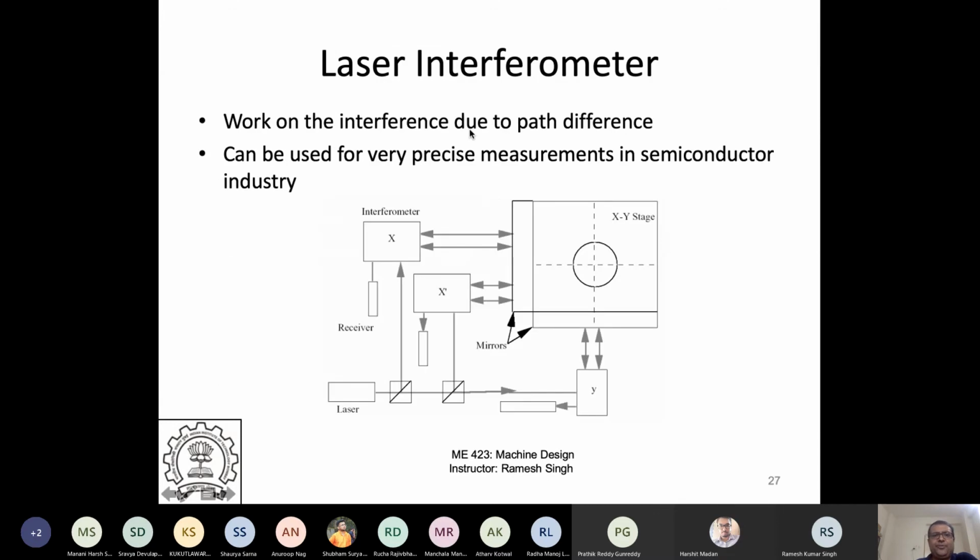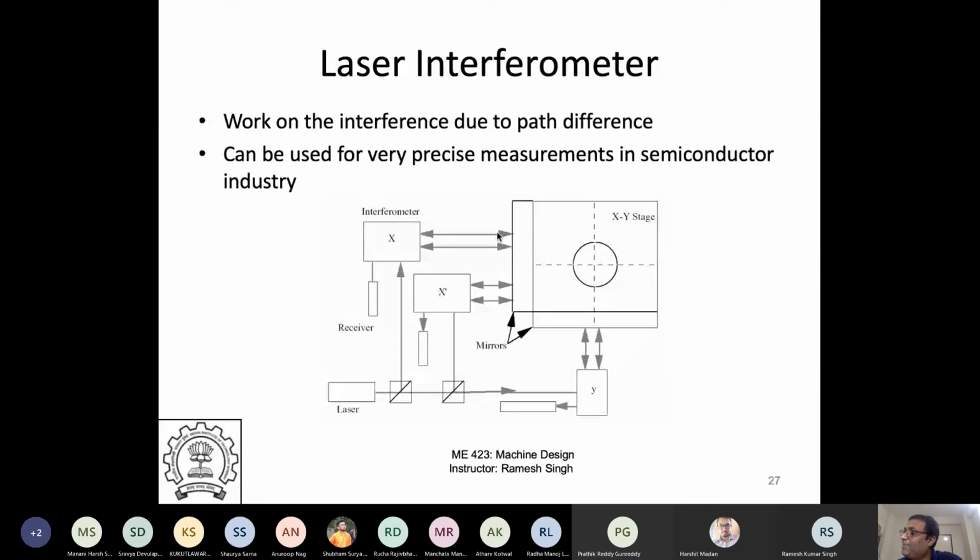And then there is laser interferometer. This again works on interferometry, which I showed you the previous time. But these are very, very precise. As I told you, this is because you have two different paths of light, one less and one more, and those light will constructively interfere under what condition? Can somebody tell me that? What is the phase difference between the two lights?